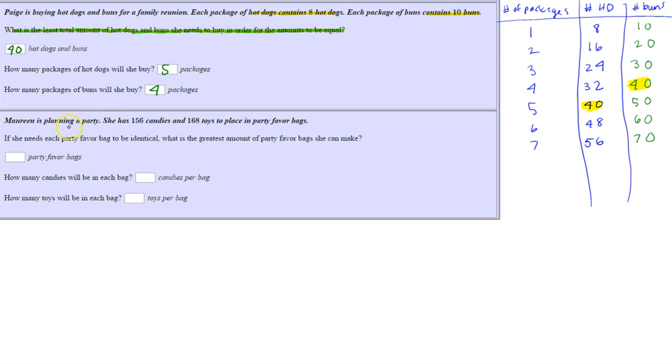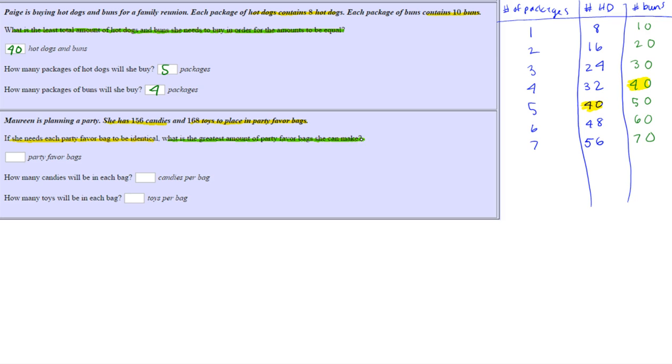Okay, let's look at one more problem. Maureen is planning a party. She has 156 candies and 168 toys to place in party favor bags. If she needs each party favor bag to be identical, here comes the question. What is the greatest amount of party favor bags that she can make?